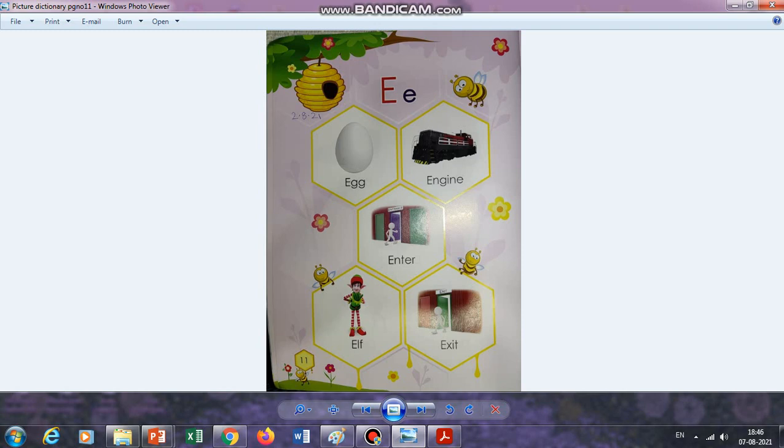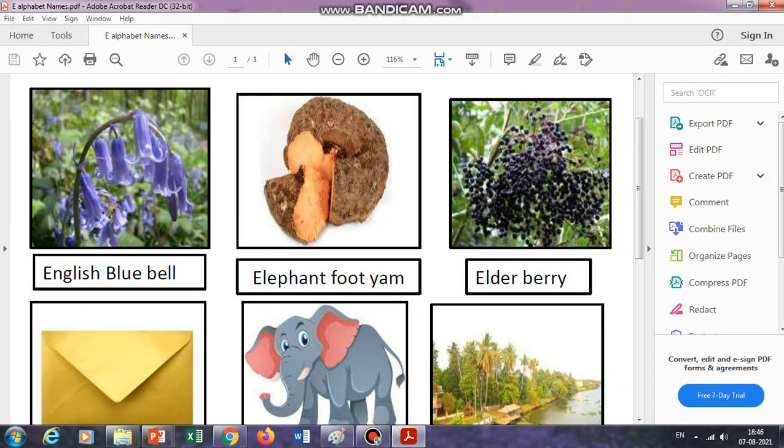Capital E, small e. Eh, act. Eh, engine. Eh, enter. Eh, elf. Eh, exit. These are more words. Flower name with letter E, English bluebell.